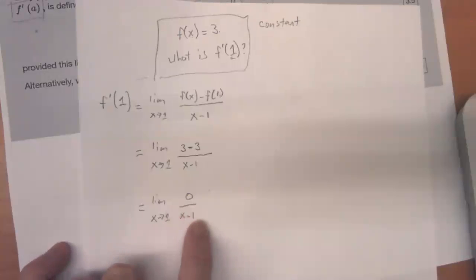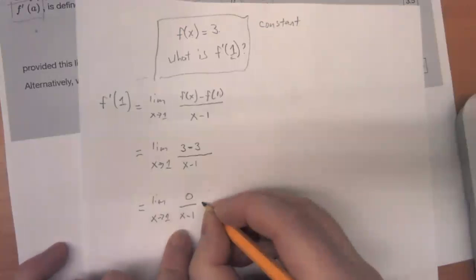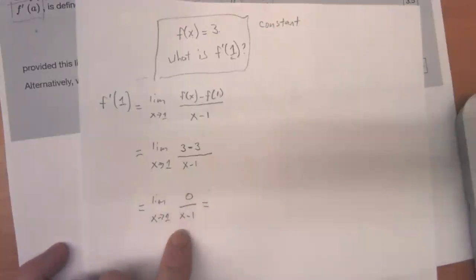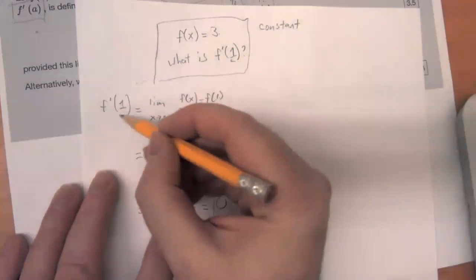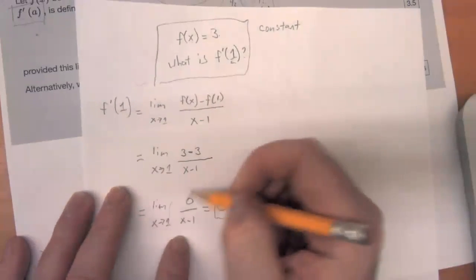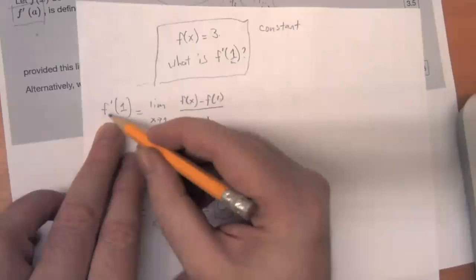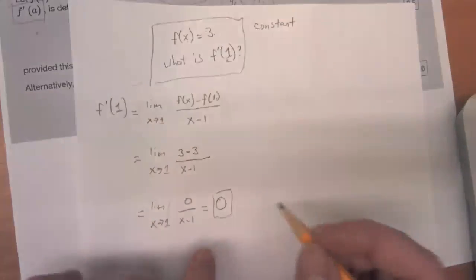So the denominator is never equal to 0, so we're never really dividing 0 by 0. And 0 divided by any number that's not 0 is equal to 0. So what we see is that the limit of this quotient, which is the derivative of f at 1, is equal to 0.